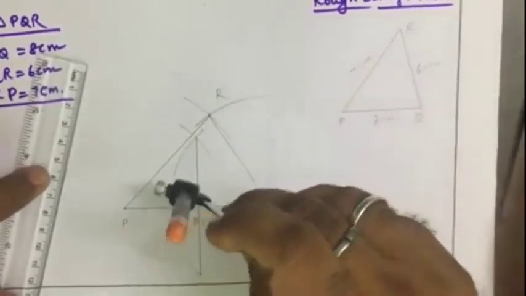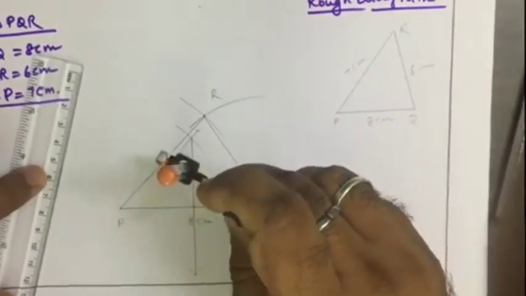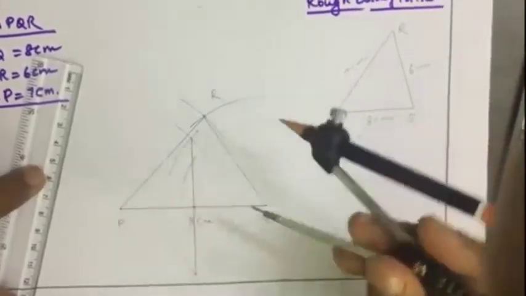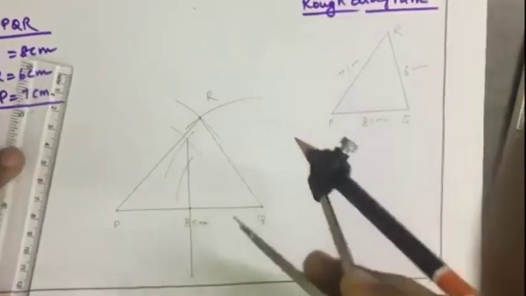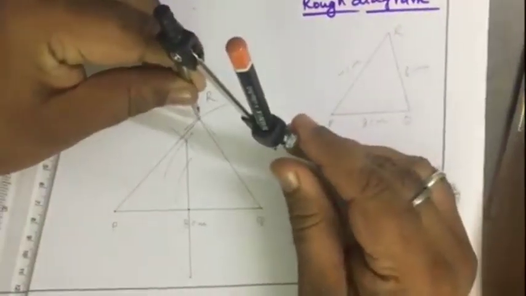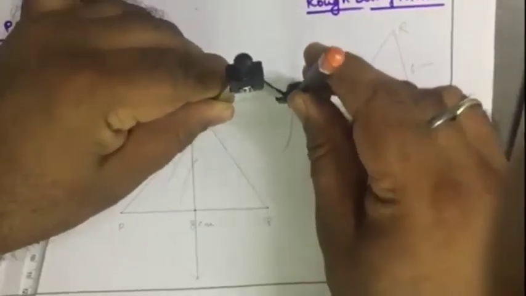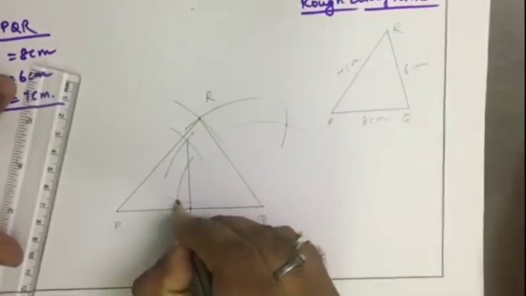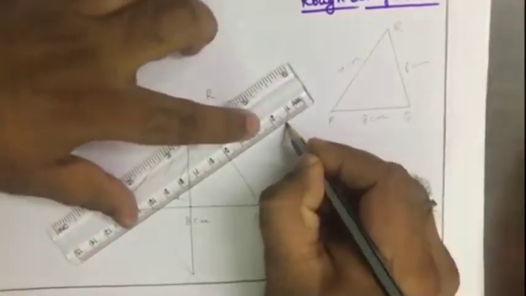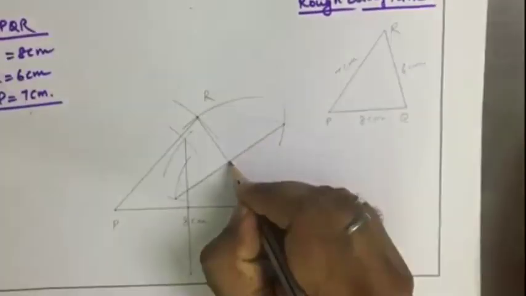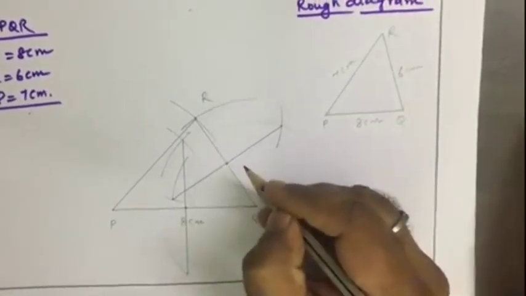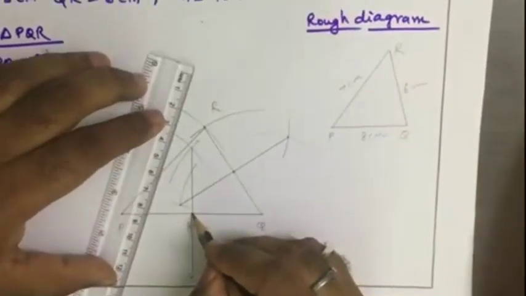Take more than half of QR, and draw arcs above and below QR with the same measurement from Q and R. Join the intersection points of the two arcs with a straight line. That is the perpendicular bisector of QR. We have drawn two perpendicular bisectors.